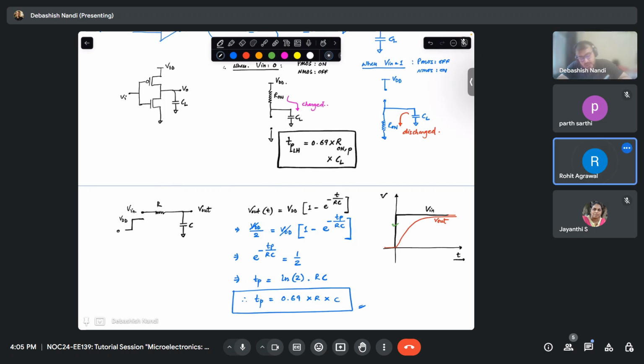And what about this one? This will be TPHL, that will be 0.69 times R on of N transistor times CL.